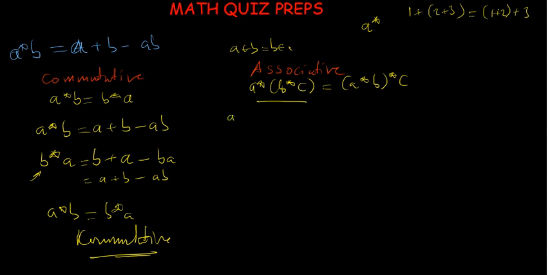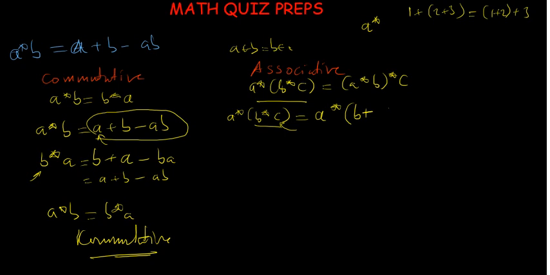So a star b star c. Let's first work with what is inside the brackets, b star c. The first term is b, and then add the second term, so plus c, and then subtract the product of the two terms, so minus bc.